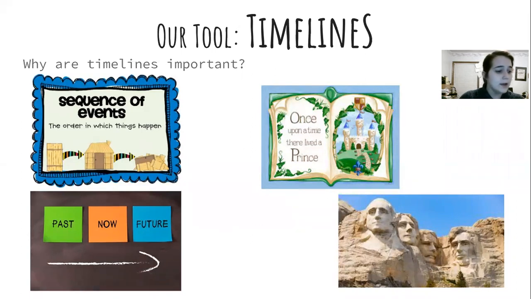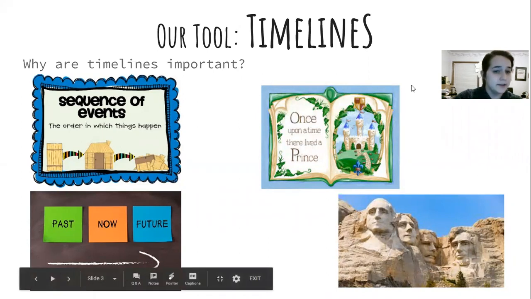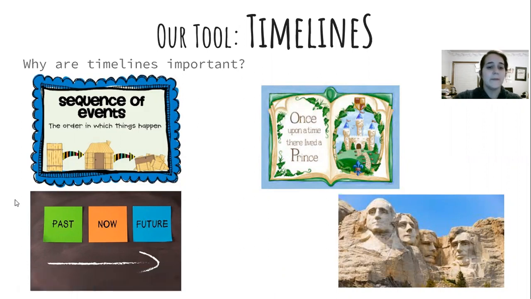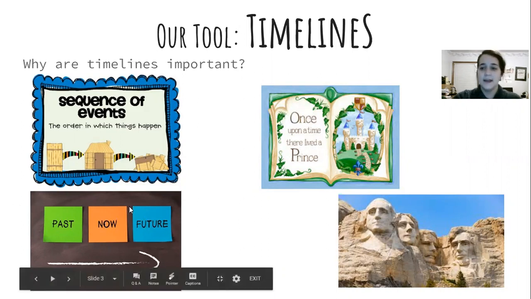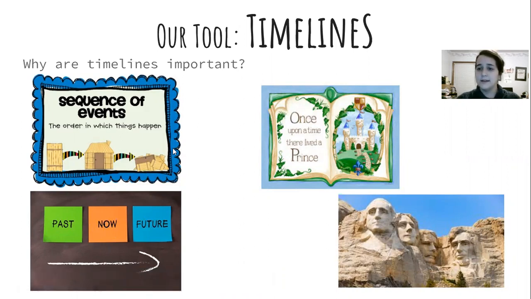So timelines are important because we can use them to put events in order or time periods in order. They can help us understand the sequence of events, and we can use a timeline to understand fiction and nonfiction stories. And timelines help us think about the past, the present, and the future. They allow us to look at a period of time in the sequence that it happened.